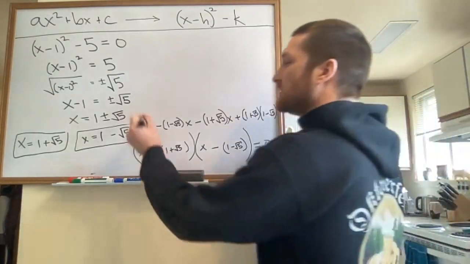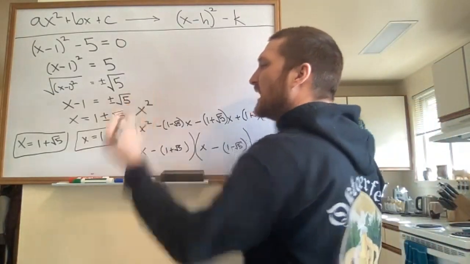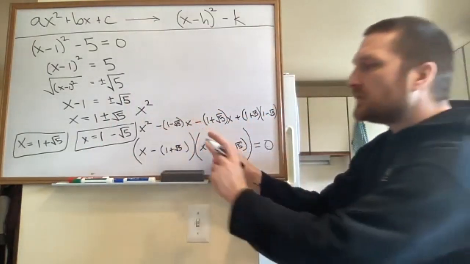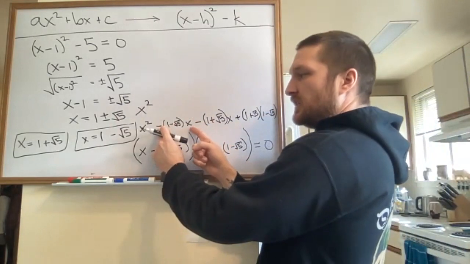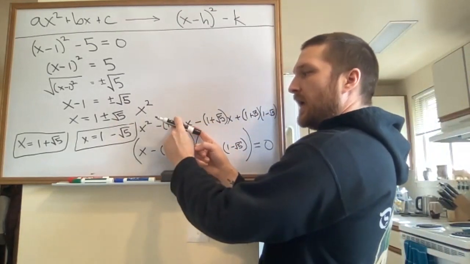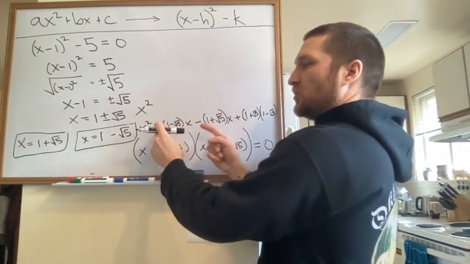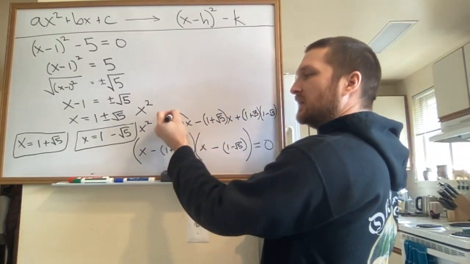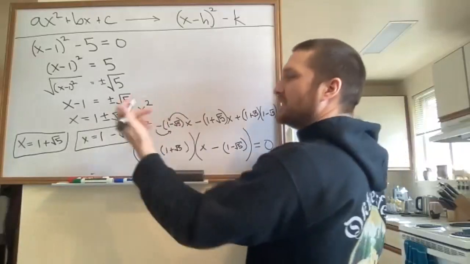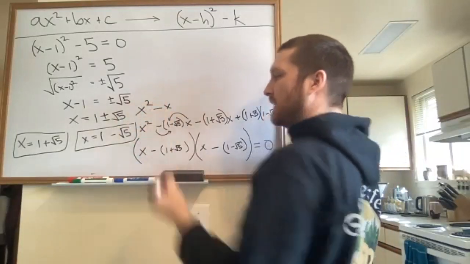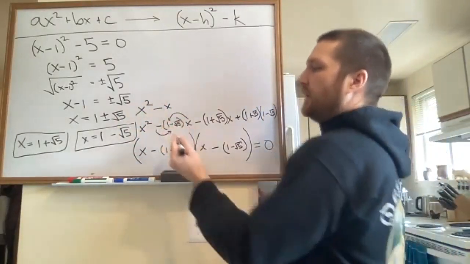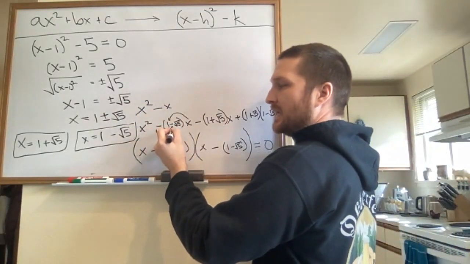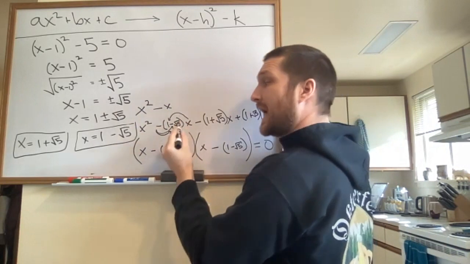So now let's just multiply all this stuff out. And this is where it gets ugly, but we can do this, right? I'm going to simultaneously distribute the negative and distribute the x. So we'll have a negative 1 here, and the x is going to come in here to give me a minus 1x, or just minus x. The minus comes in here, hits that minus, and becomes plus.